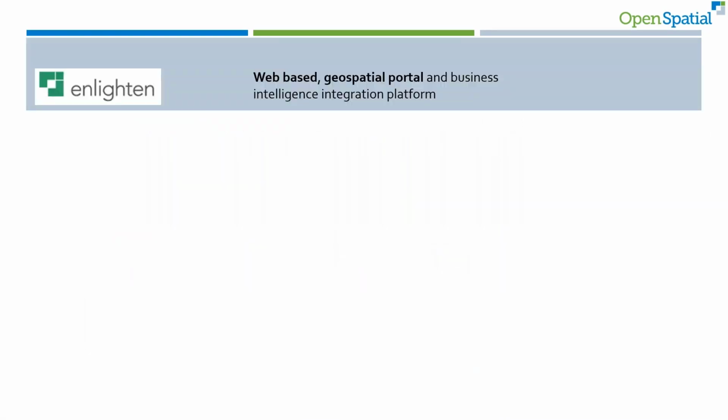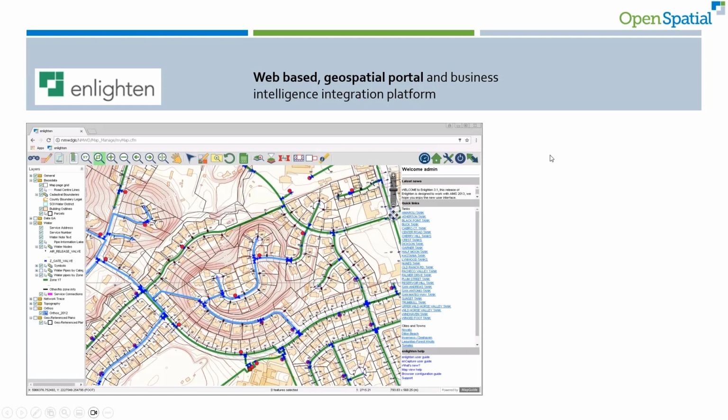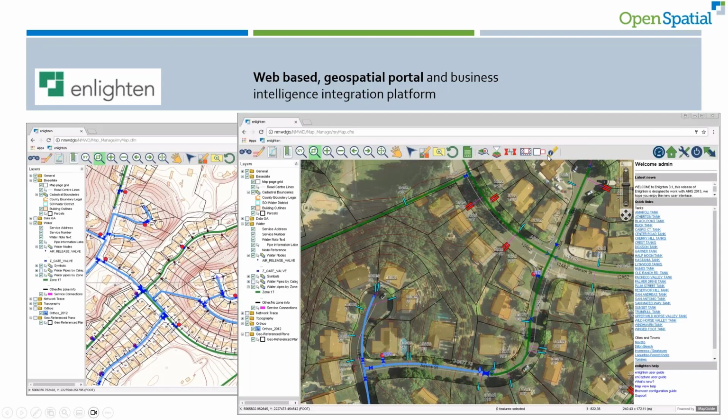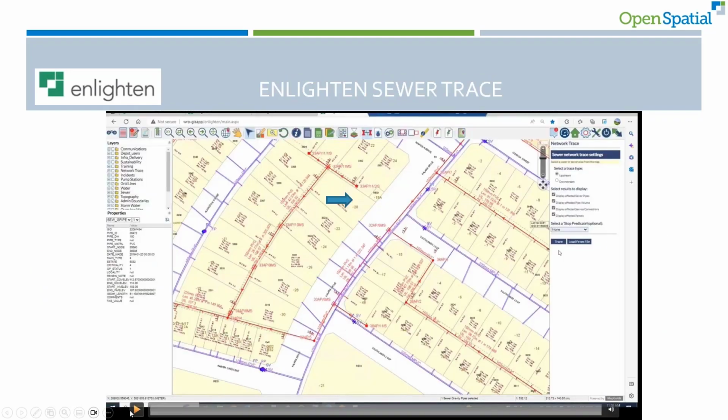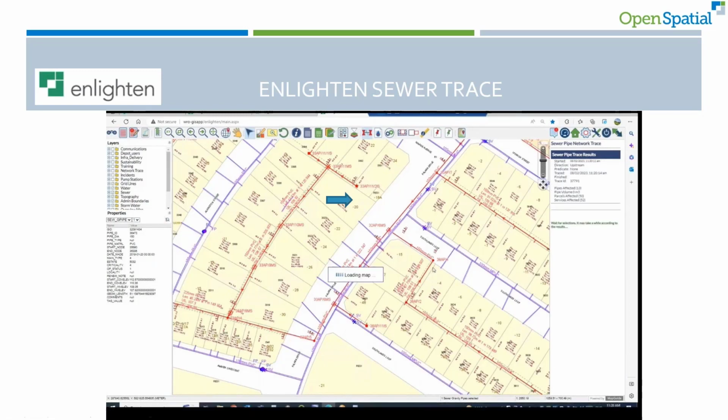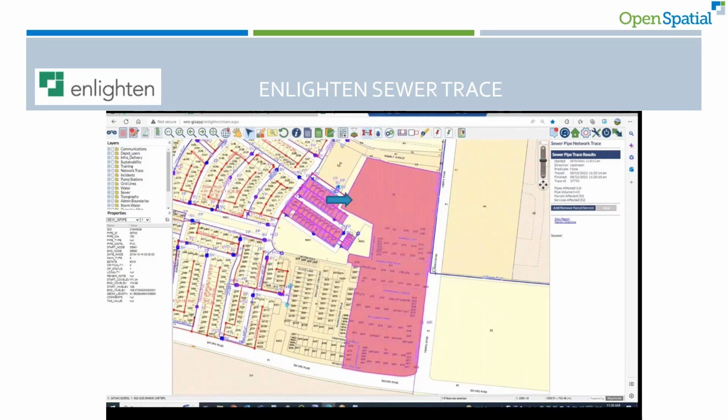If we look at the Enlighten side, that's the web-based geospatial platform where you can look at all of the data with aerial photography, tracing, and the advanced forms exposing data. Here's an example of a sewer trace. What that would do is run a trace and say these are all the downstream parcels affected that you can then work with.